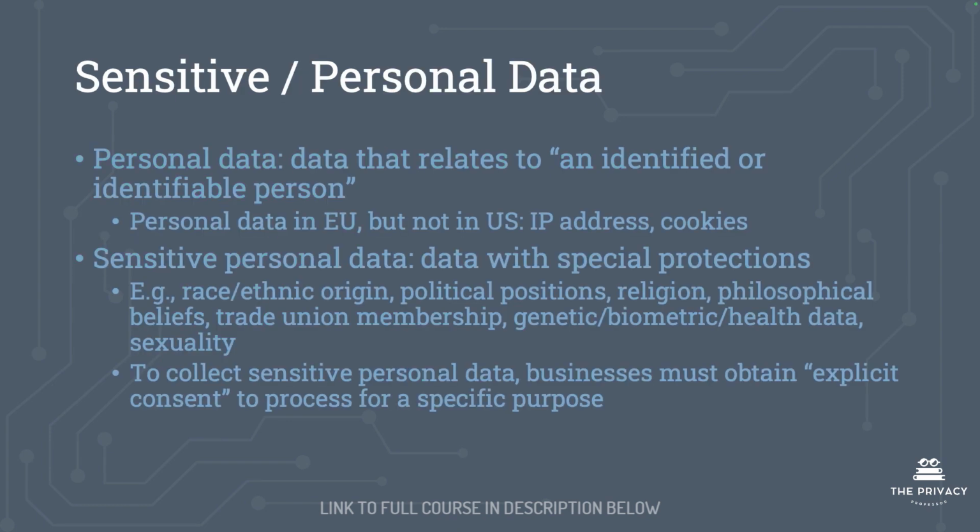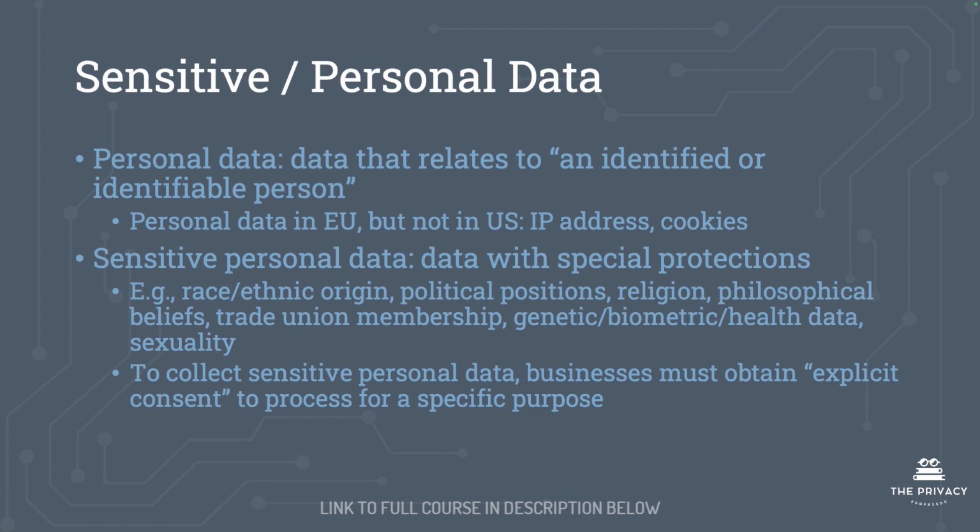With regards to personal data and sensitive personal data, there is a distinction. In the GDPR, personal data is data that relates to, quote, an identified or identifiable person, unquote. Personal data in the EU is not always considered personal data in the US. And 2 examples we've already come across are IP address and cookies. These are both considered personal data in the European Union.